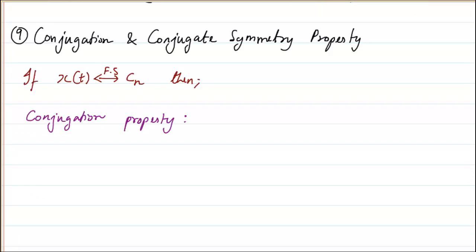The next property, the ninth property, is the conjugation property. If x of t gives a Fourier series of c of n, then the conjugation property says that if you are trying to take the Fourier series of x conjugate of t, that means conjugate of x of t, then you will get its value as c minus n conjugate.